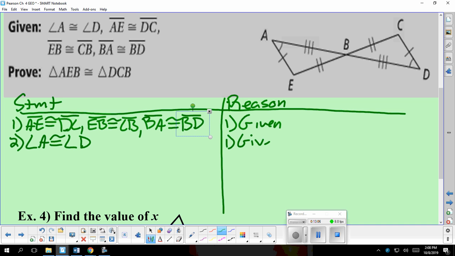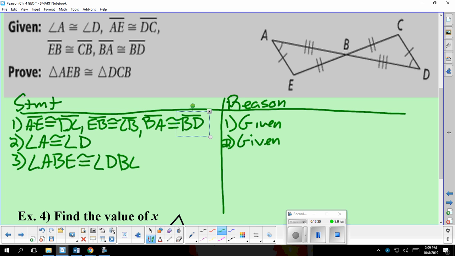Now I'm going to try to prove that all the angles are congruent. I already have all the sides are congruent. So, angle ABE is congruent to angle DBC. There you go.